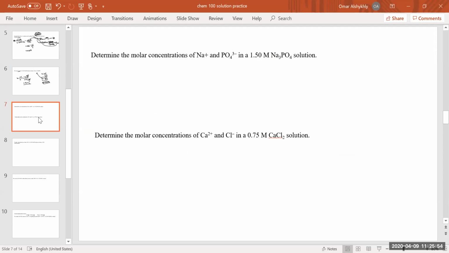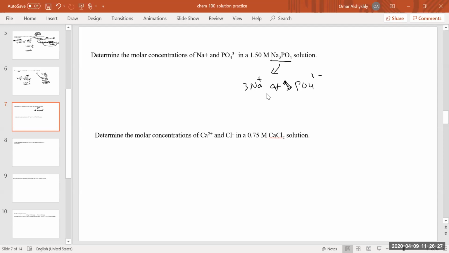Okay. Determine the molar concentration of Na positive ion and PO4 3 negative ion in 1.5 molar Na3PO4. So look here, guys. When we have this situation, how many sodium ions do we have? We have 3 Na positive and 1 PO4 3 negative.